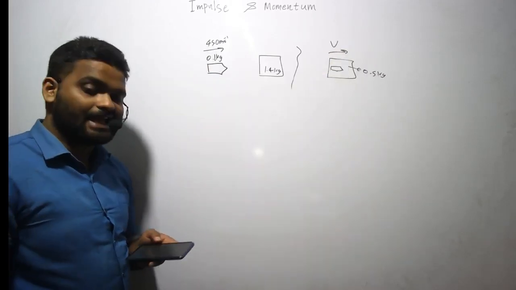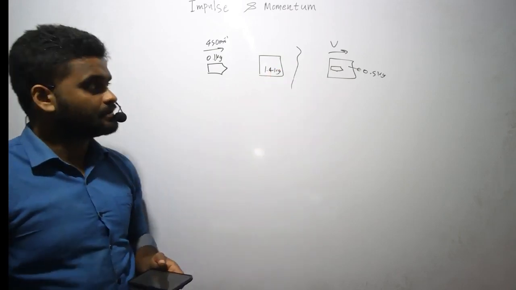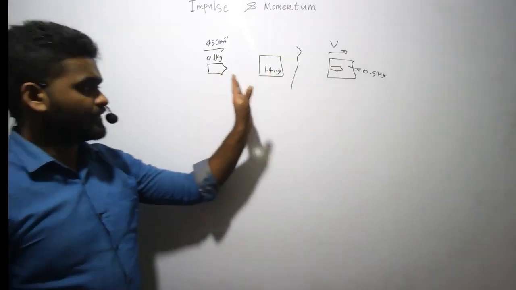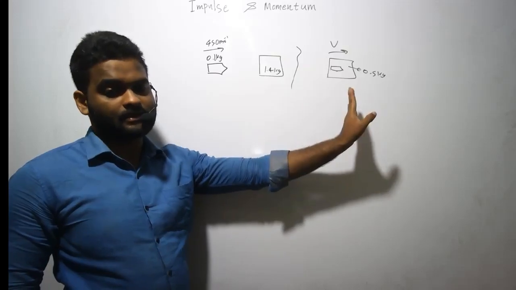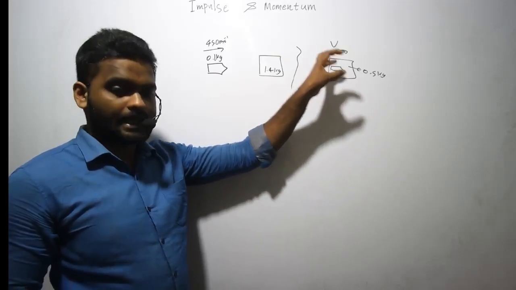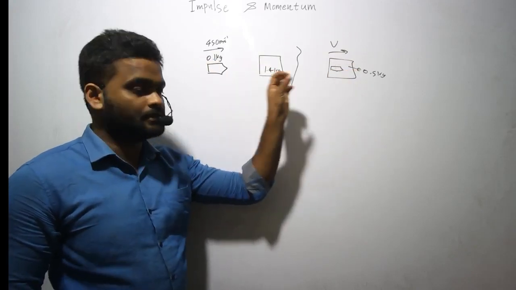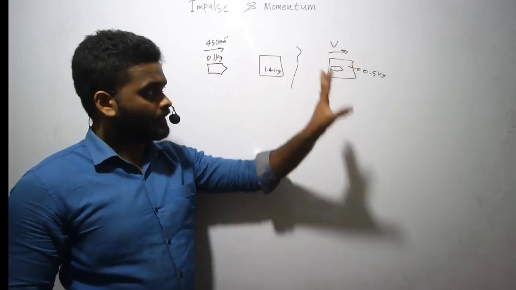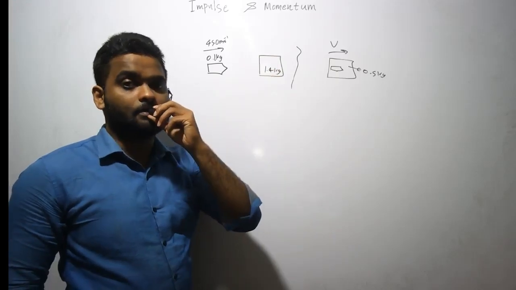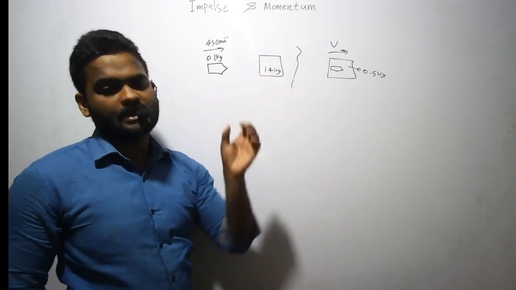What they are asking is the common velocity, right? So this is a perfectly inelastic collision. Because you know that when the objects have the same velocity after colliding, those types of collisions we call perfectly inelastic collisions. So they have the maximum kinetic energy loss.